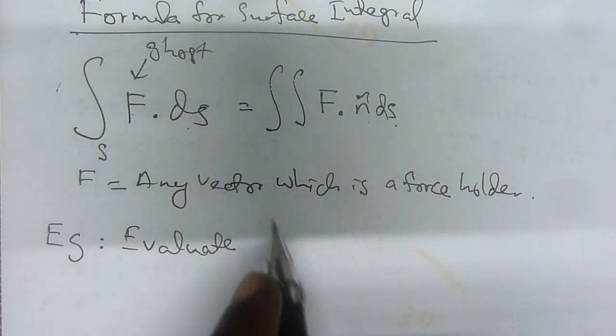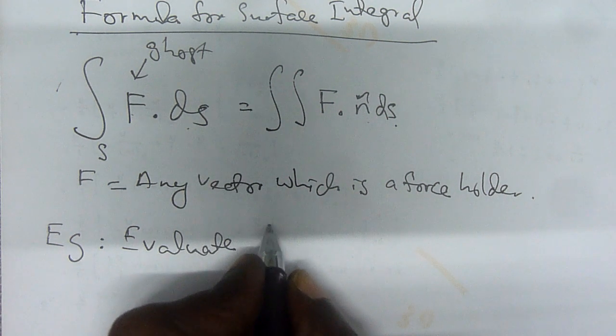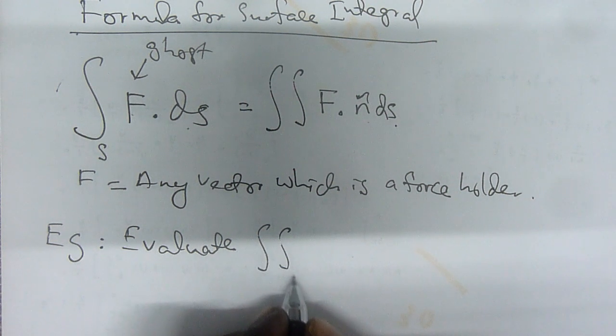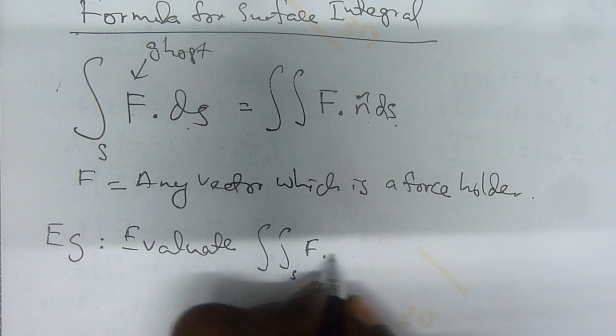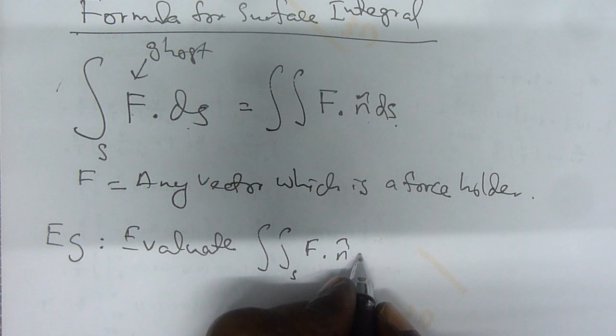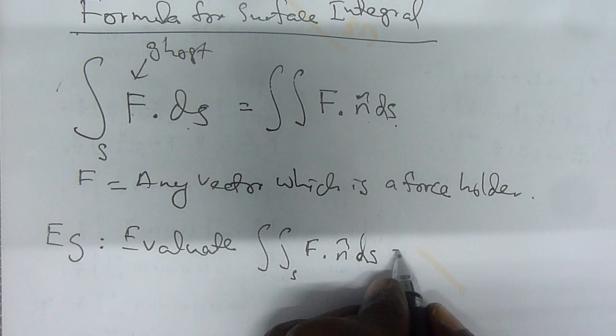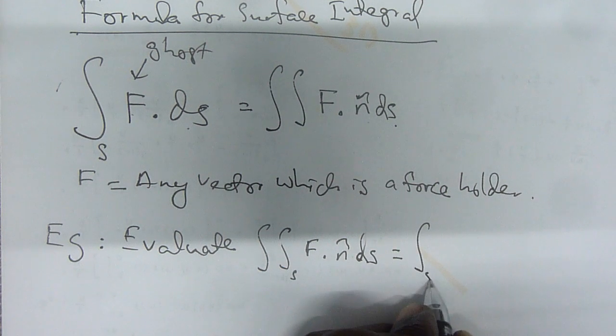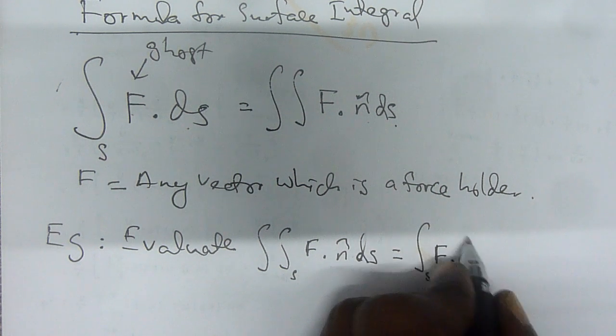I'll write the complete formula anyway, since this is your first time looking at this. Okay, they put the dS, but in some books they will use a big dS.